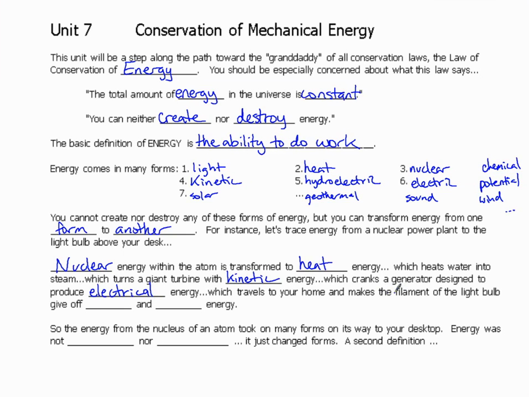Let's pause there. The light emitting diode, because almost all of our lights now are LEDs, makes the LED of the light bulb give off light energy and heat energy.